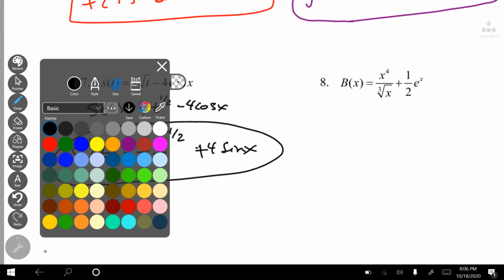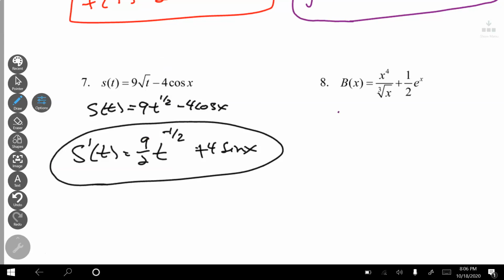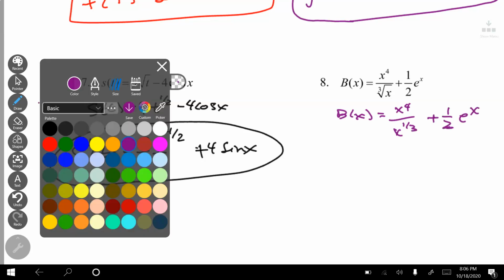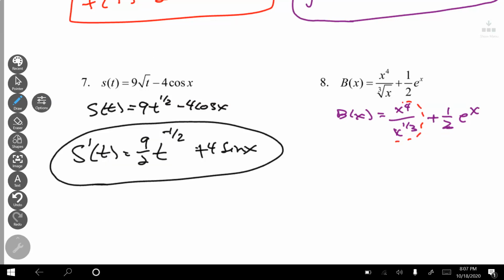Now this one's going to take a little bit more work to rewrite. So I have b of x is equal to x to the 4th over x to the 1/3 plus 1/2 e to the x. That's the easy part. But I should subtract exponents, and I get b of x is equal to, well, 4 minus 1/3 is equal to 11 over 3. x to the 11 over 3 plus 1/2 e to the x.